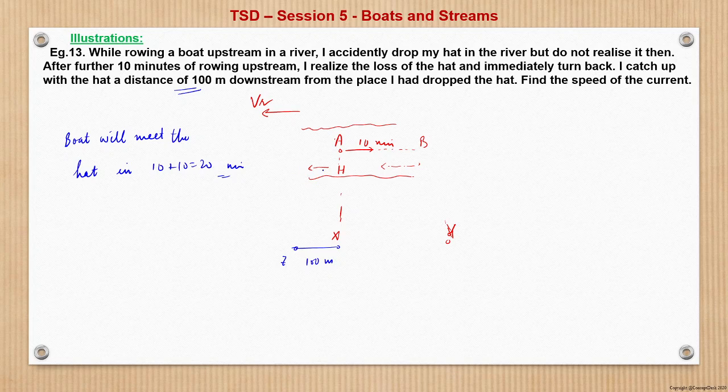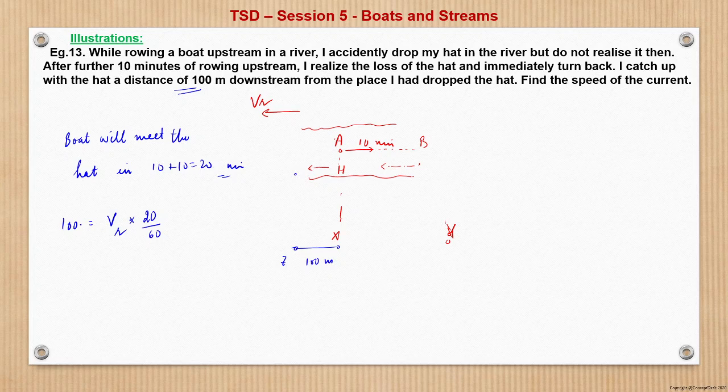So basically, I caught the hat here, which is 100 meters from this point. So this 100 meters with respect to the ground, the hat's speed with respect to the ground will be nothing but the speed of the river into time, which is 20 minutes, so 20 by 60 hours.